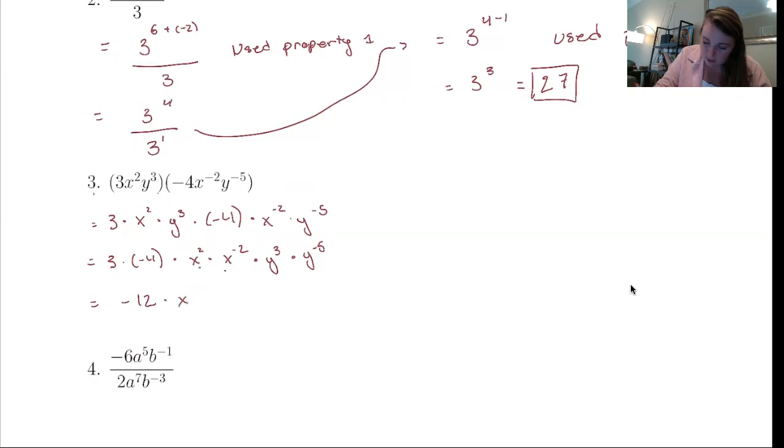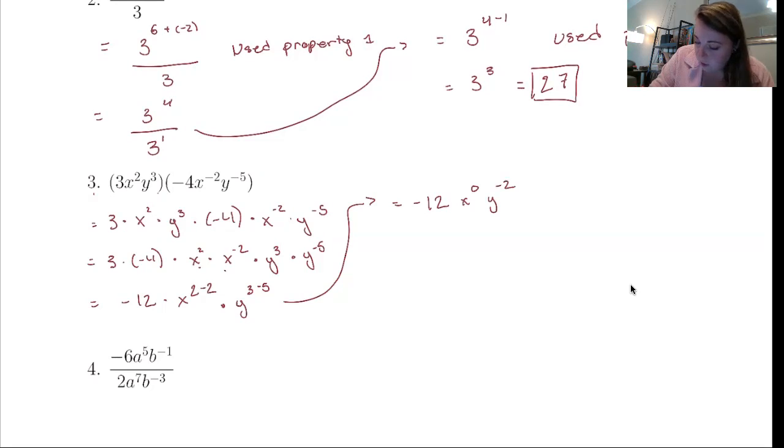So I'll have x, and then it'll be 2 minus 2, and then y cubed times y to the -5, that'll be 3 minus 5. And then -12, there's nothing special about that. x to the 2 minus 2, that's x to the 0, and y, 3 minus 5, that's going to be -2.